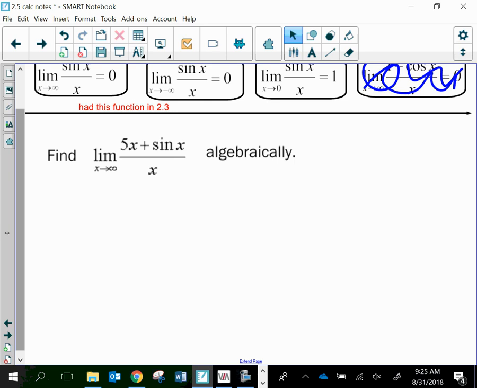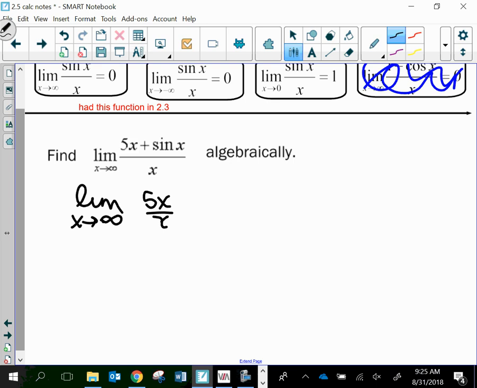Okay, so here we go. Algebraically. All right, limit laws apply even when we have infinity. So this over this plus this. Sum of the limits is the limit of the sums.